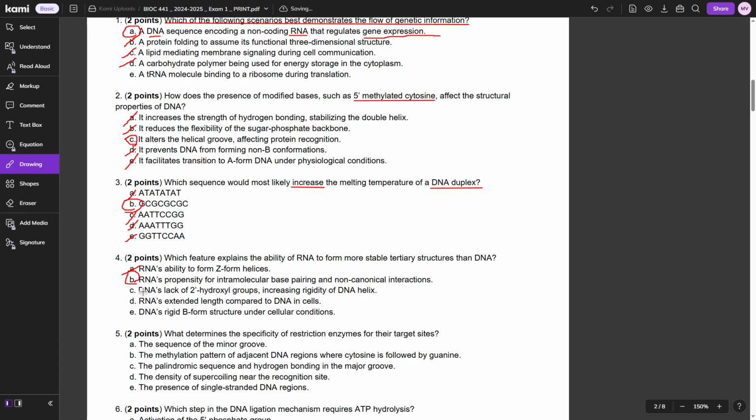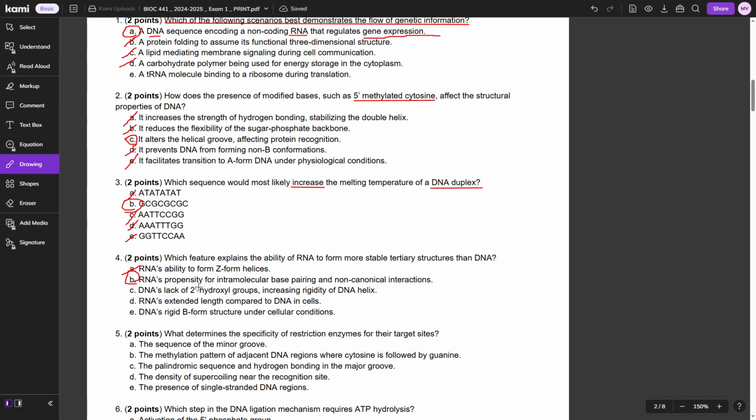So, DNA's lack of a 2' hydroxyl group increases rigidity of the DNA helix. That's actually not true. The lack of the 2' hydroxyl group actually makes it more flexible, I would say. I can't remember exactly if it makes it rigid, but it does help with the fact that the DNA won't self-hydrolyze itself.